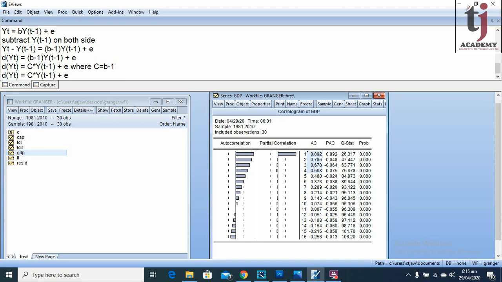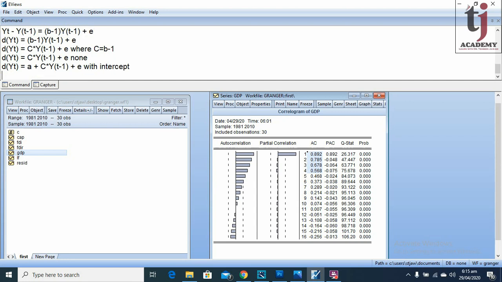When we apply the Dickey Fuller test in any software, we can see there are three options. This one would be none, because there is no intercept and there is no time trend. If we write this equation like this, with A as a constant plus this one, this is the Dickey Fuller equation with intercept.